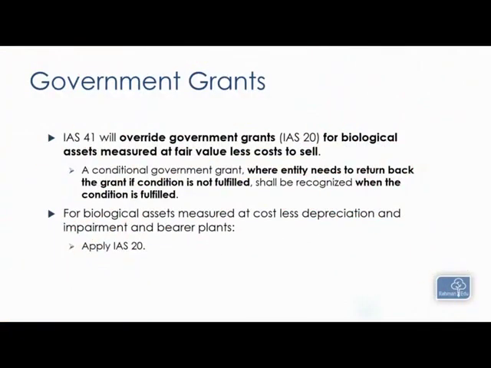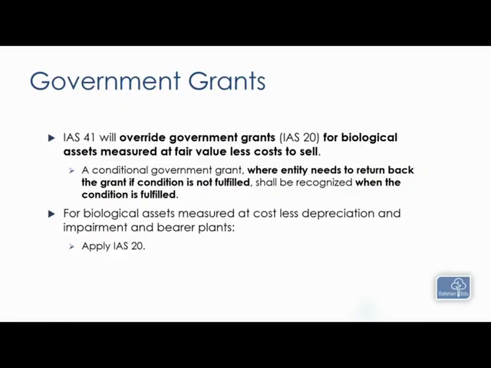Well, for biological assets, you may sometimes receive government grants and government assistance. Normally, IAS 20 is applicable for government grants and disclosures of government assistance. However, for biological assets, if you receive a government grant which is conditional, and where you need to repay that government grant to the government if the condition is not fulfilled, then IAS 41 says you cannot recognize that government grant as income unless or until you fulfill the condition.